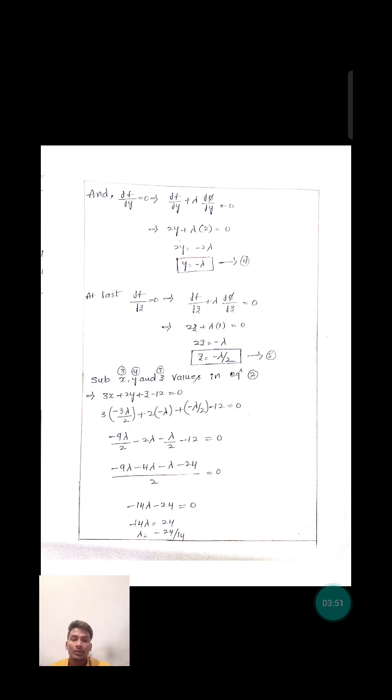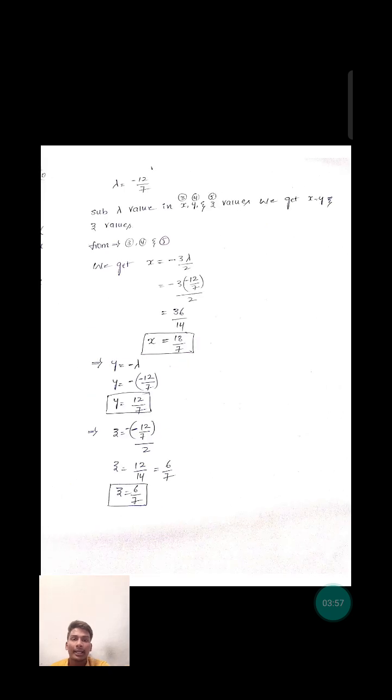Then solving this equation, lastly we get lambda is equal to minus 24 by 14. Then at last lambda is equal to minus 12 by 7. This is the lambda value. Substituting this lambda value in the above x, y, z expressions, we get the real x, y, z values.